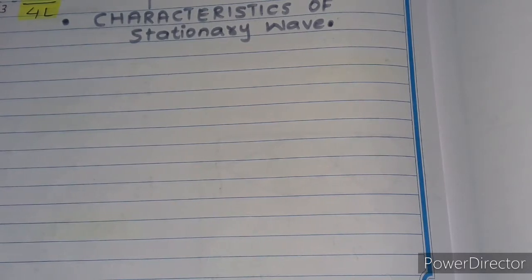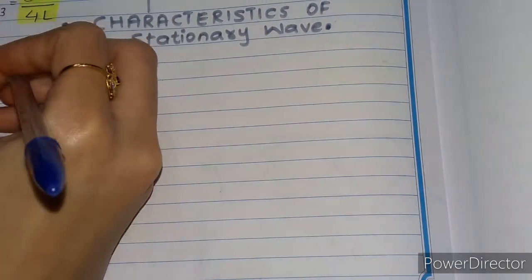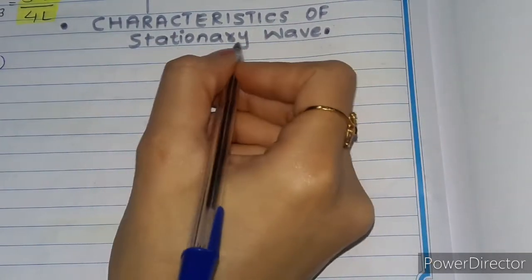Some points of stationary waves. The first point is no energy is transferred from one place to another in a stationary wave.